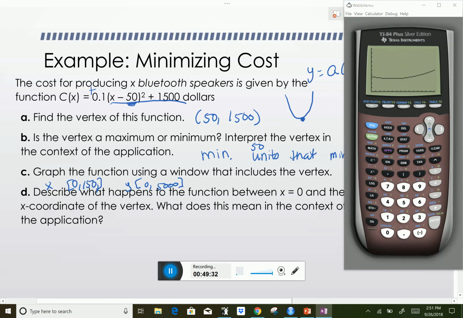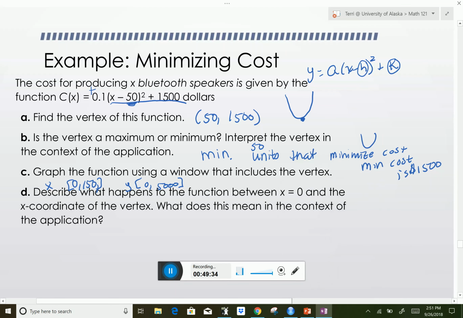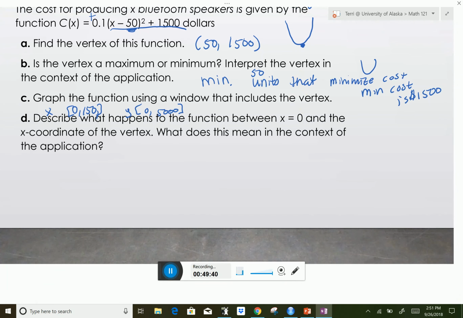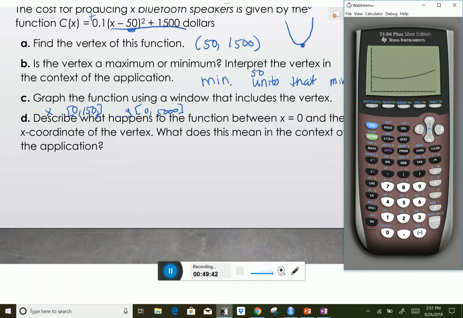It says, describe what happens to the function between x equals 0 and the x coordinate of the vertex. So let's grab our vertex real quick. Number 3. Left bound. I know where the vertex is, so I know to go just below 50. And that's pretty good.